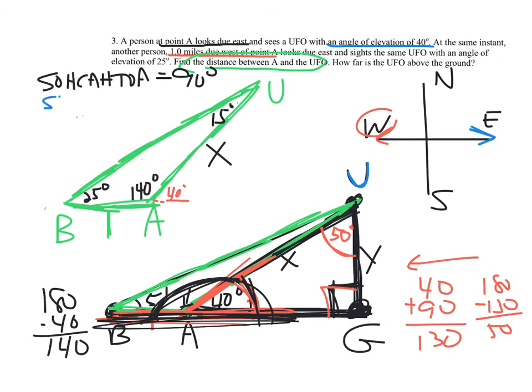Next, I'll try to use the law of sines to see if I have a matching set of side and angle. And here, I think I do. If you look at angle and side U, I figured out that angle U is 15.